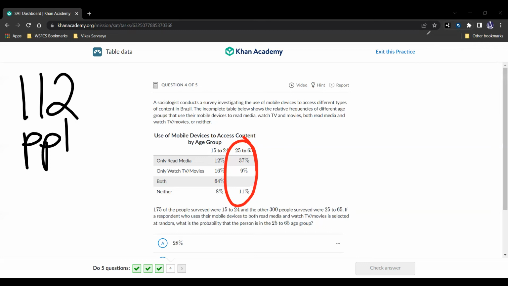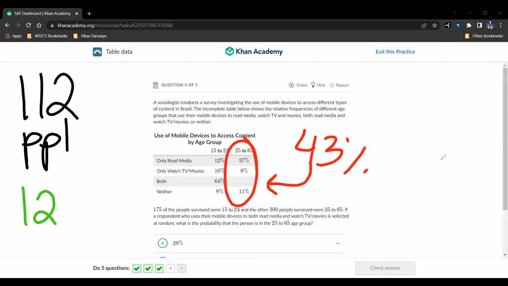So we can do 100 minus the 37 minus the 9 minus the 11, and that will give us 43% for what should go in there, which means that 43%, so 0.43 of the 300 is going to do both, which is 129 people.